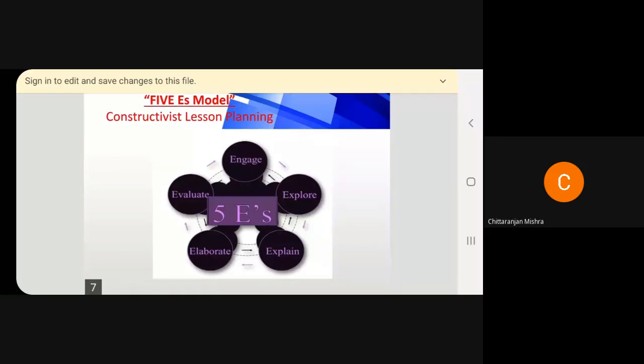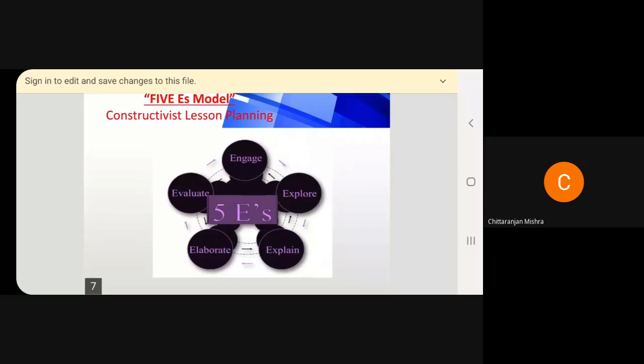So, when we are going to plan a lesson in a constructivist approach, we can go for this step and plan for engage. Already I explained this to you on the first day, but again I am telling: engage means we will not directly announce the topic we are going to teach our children.